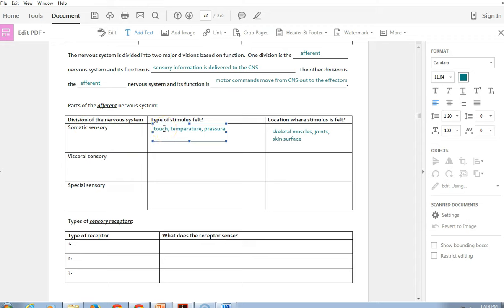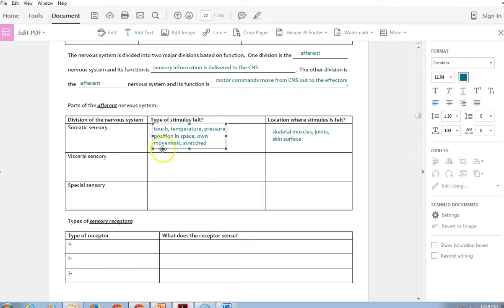The big thing that they're going to sense is position in space. They're going to sense their own movement. Those are the sensations that are coming in. How much they're stretched is another sensation that could be coming in. So these are the locations, but this is the type of stimulus that's felt.